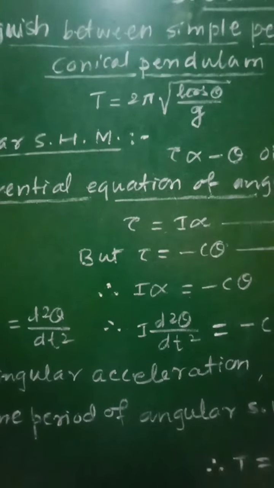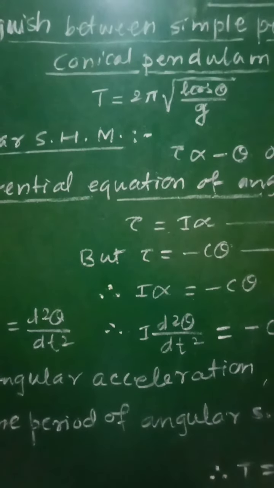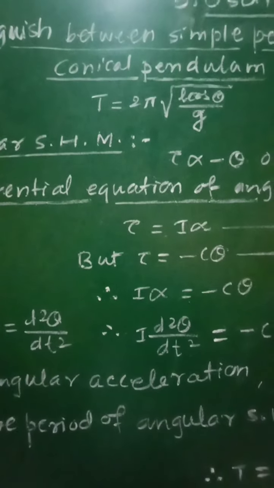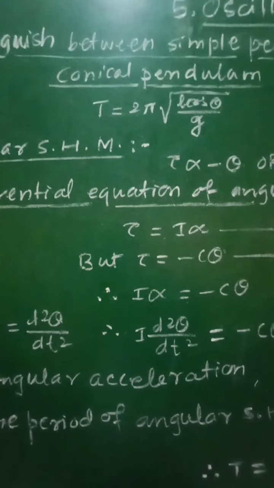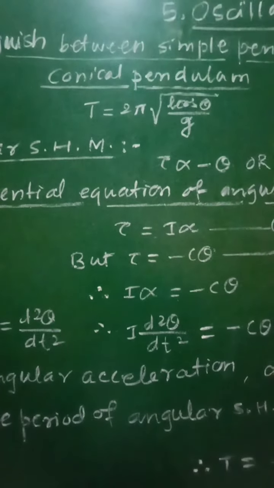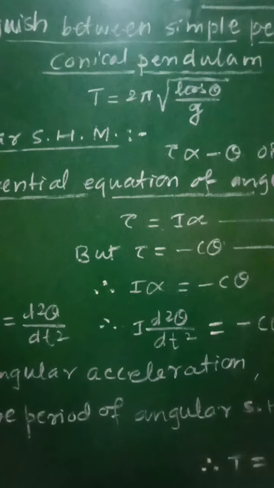Second point, in case of conical pendulum, kinetic energy and gravitational potential energy are constant, while in case of simple pendulum, the kinetic energy and gravitational potential energy are interconverted and their sum is conserved.